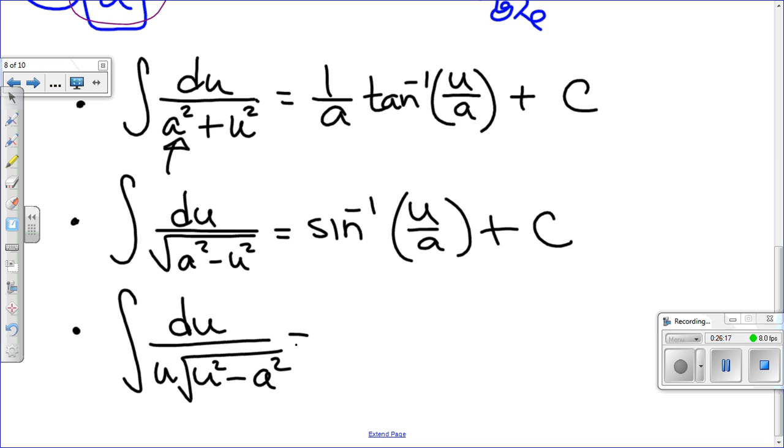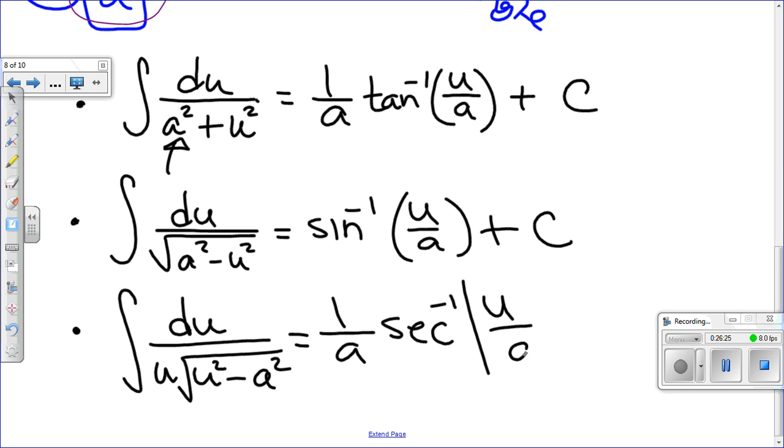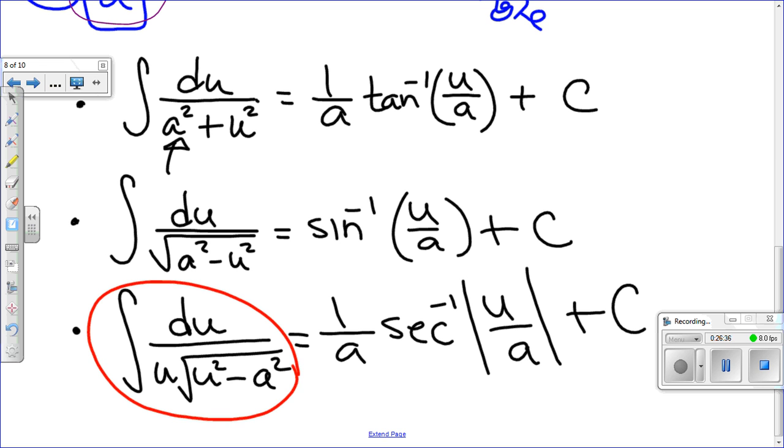Okay, and so this one, it will be 1 over a secant inverse of the absolute value of u over a plus c. So some integrals, you know, they're very complicated to solve, but sometimes they do have shortcuts, like the 3 that I just showed you.